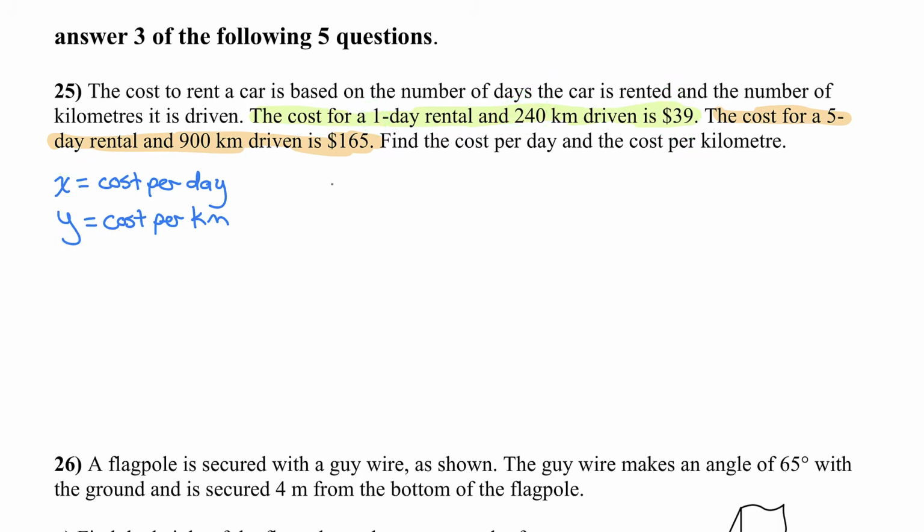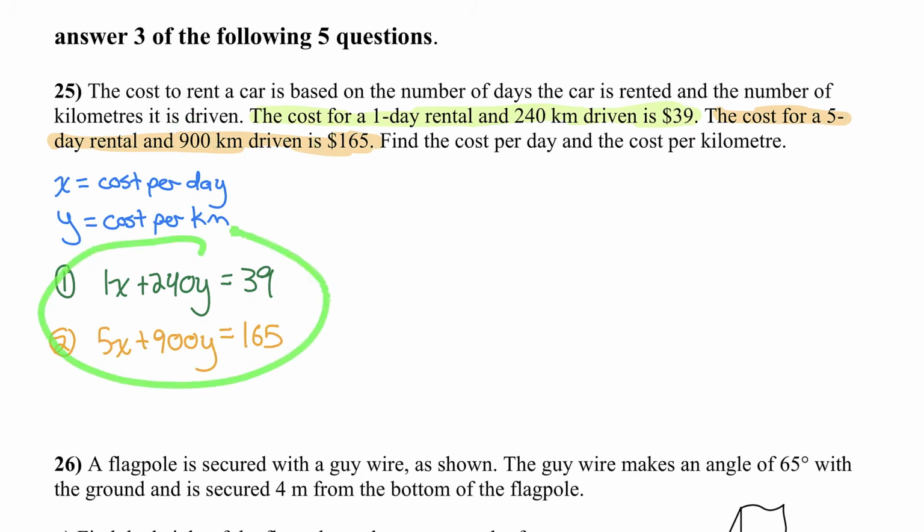So my first equation would be 1x plus 240y is equal to 39. Let me move this over here, and I'll write my second equation. From the orange information, I know that 5 times the cost per day plus 900 times the cost per kilometer should equal 165. To solve these simultaneous equations, I could use substitution or elimination.